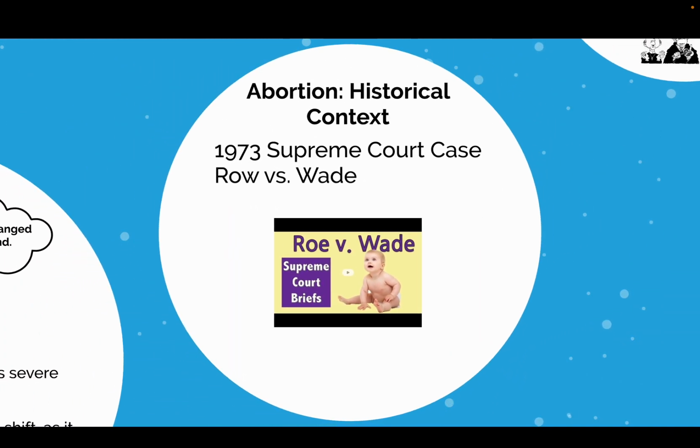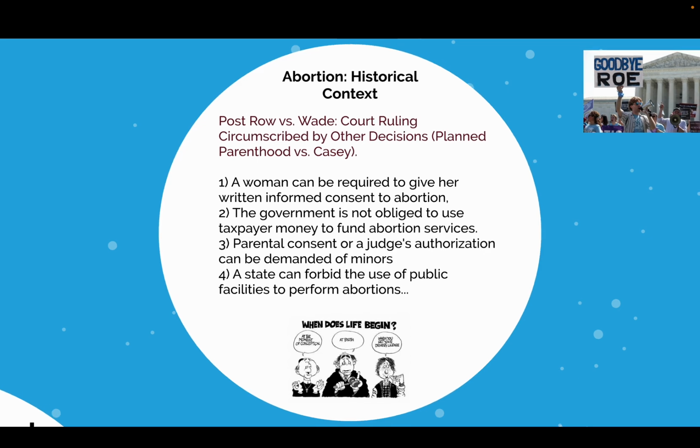All right, so as we see, in 1973 we have the Supreme Court case Roe v. Wade, and that overturned many state regulations concerning abortion, making it accessible in all 50 states. Now, as we march ever closer to 2023, there are various other court rulings that limited the applicability of Roe v.